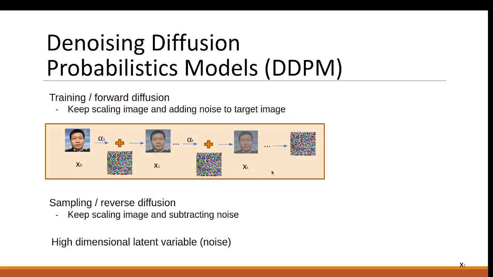So let's talk about this noise a little bit. In GANs, the assumption is that the whole image can be represented with a smaller dimension of latent variables. So if we take this human face as an example, we don't need to know every single pixel to fully describe what is in the picture, because we humans have two eyes, one nose, one mouth.